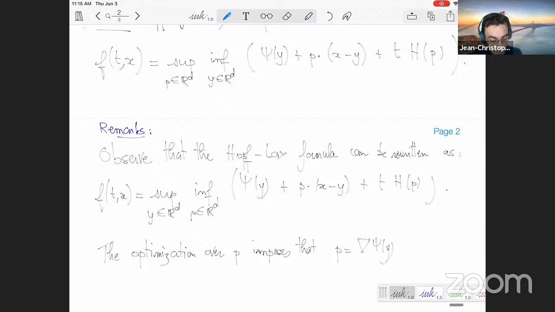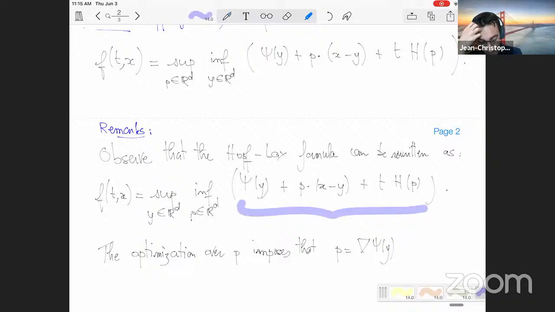Similarly, in the Hopf-Lax formula, if I optimize over p, I will want that p is grad psi of y. And when p is grad psi of y, and let's say we fix t equals 0, then this function is just the tangent function of the initial condition at y.